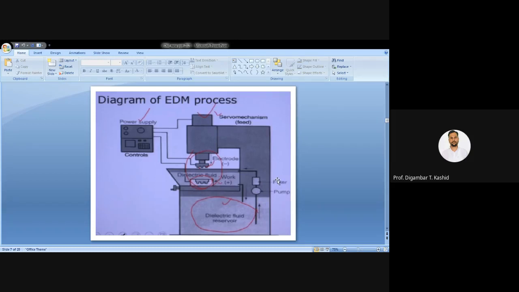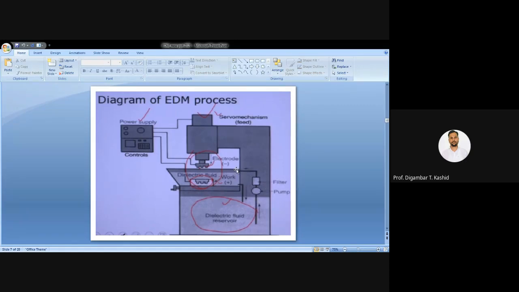After removing that debris material, which may have a size of about 2 micron diameter, the dielectric fluid is again circulated into the machining zone. You can see the arrow also.